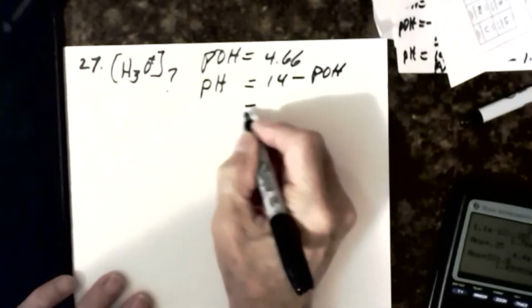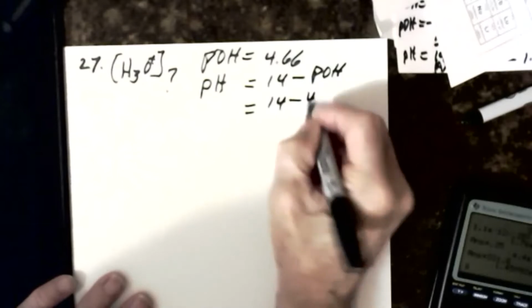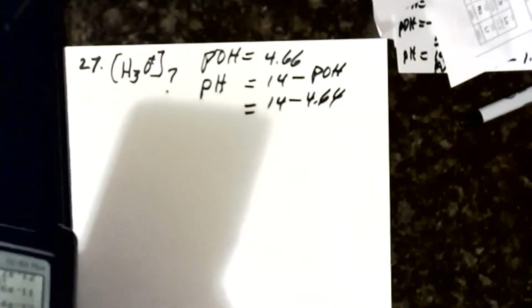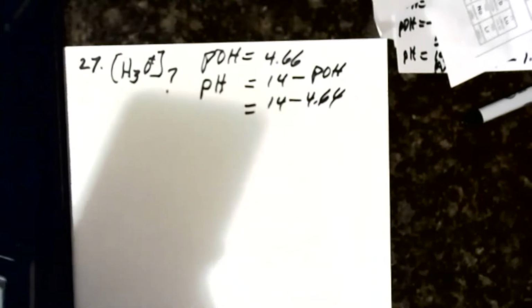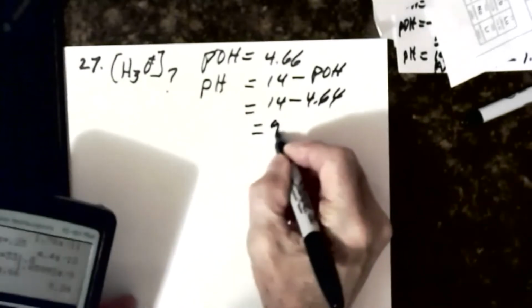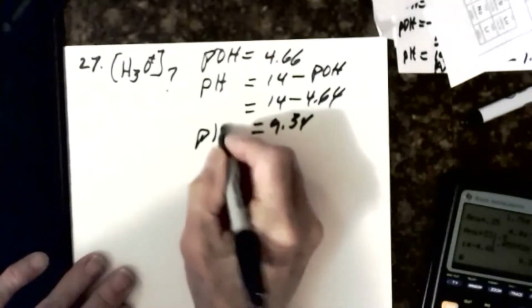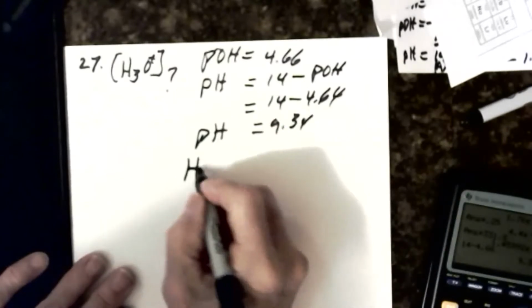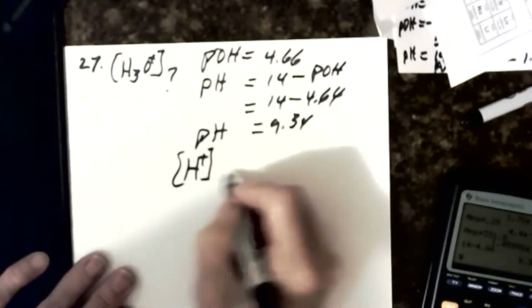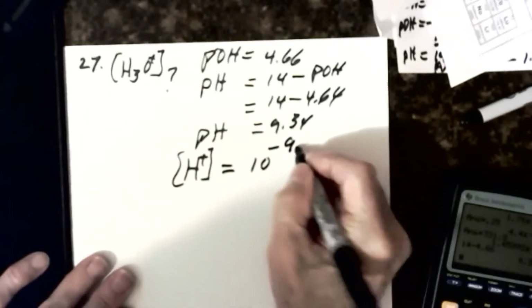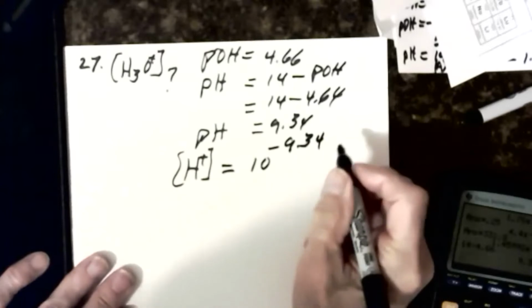So it's 14 minus 4.66. So 14 minus 4.66 is 9.34. Okay, so the pH, and the H plus concentration or hydronium concentration, is 10 to the minus 9.34.